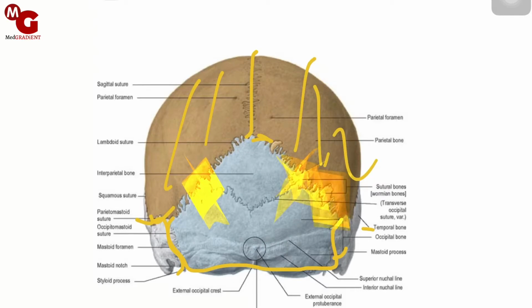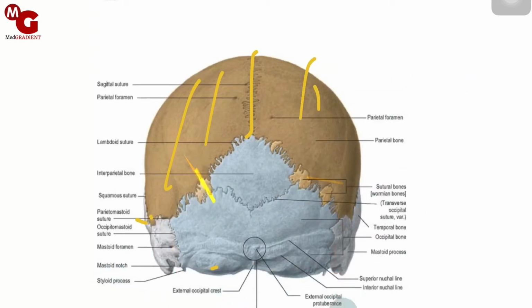So what are they? They are labeled as Wormian bones or sutural bones, right? You can see it, sutural bone or Wormian bone. These bones naturally develop between the sutures. Now what is a suture? Suture means something that is stitched, not like the sutures of surgery, but the sutures here in the bones of the head or the cranium.